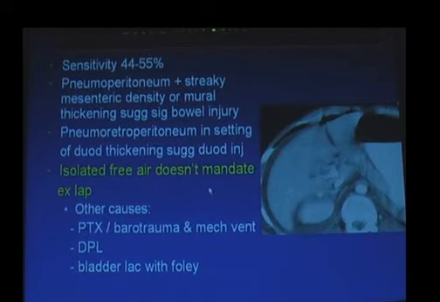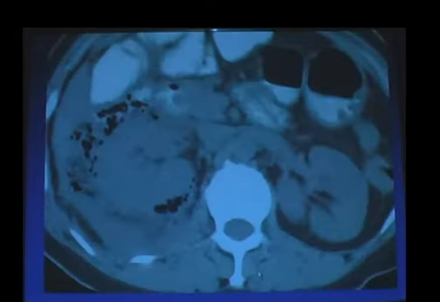There are other causes of pneumoperitoneum, including pneumothorax, barotrauma, mechanical ventilation, and prior diagnostic peritoneal lavage. So you always want to know whether the patient has had prior intervention before they came to the CT suite. And also even bladder laceration in a patient who has a Foley catheter can cause pneumoperitoneum.